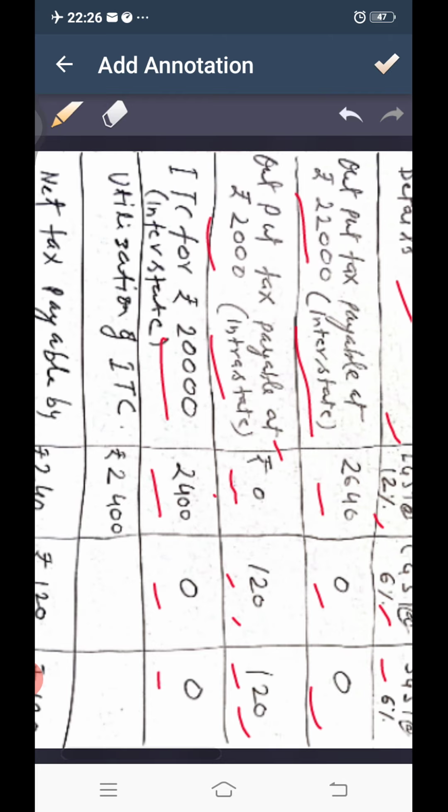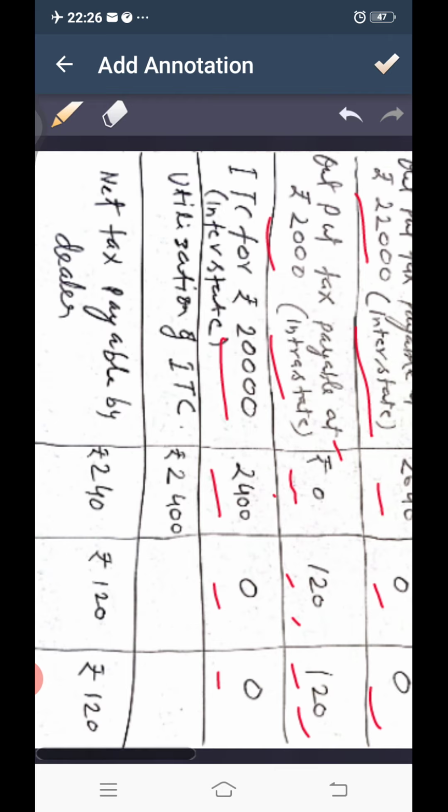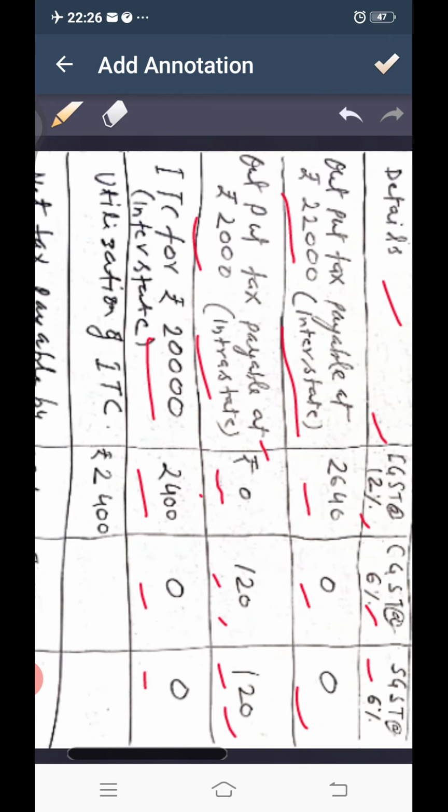Now how to utilize it? Let us see utilization of input tax credit. So we can see that output IGST is 2,640 and input is 2,400.